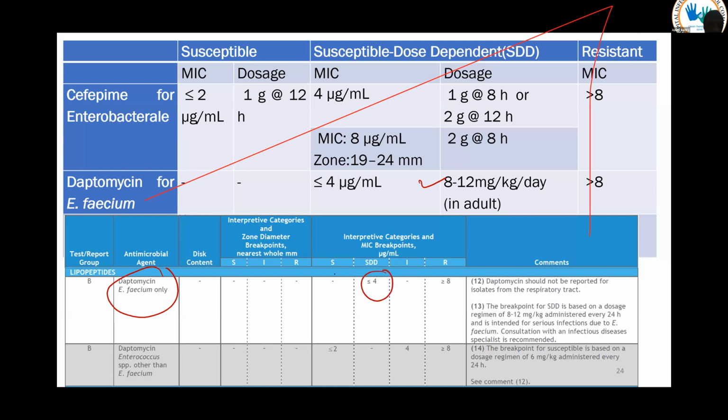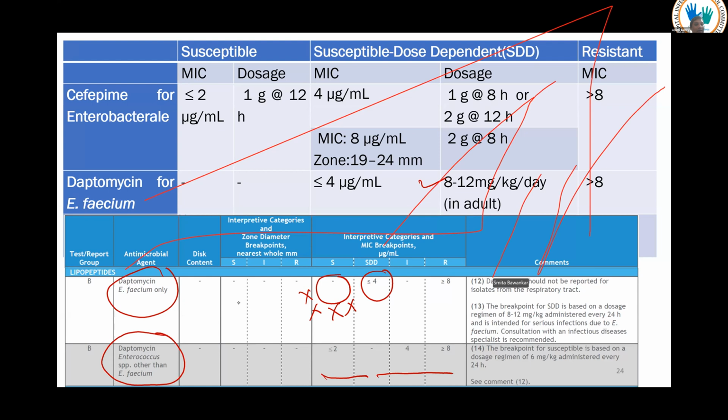It doesn't have a susceptible breakpoint. It has only SDD breakpoint, whereas daptomycin for other enterococcus species has a susceptible, intermediate, resistant breakpoint.